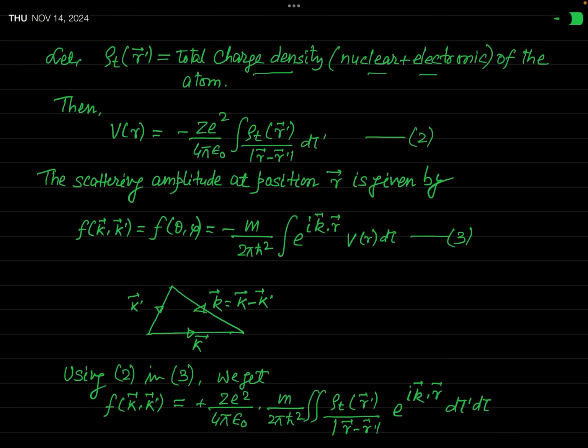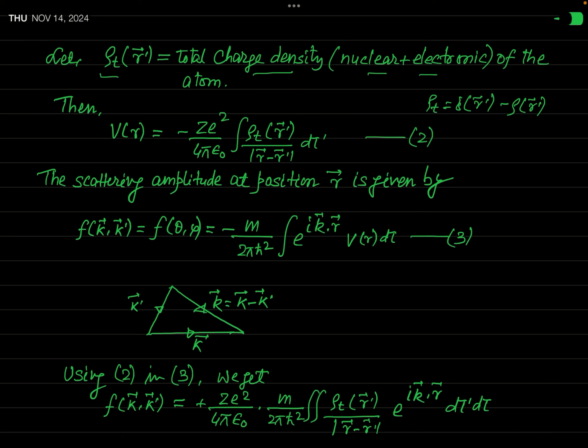If you denote that charge density by the symbol rho t, then you will see later on that this is given as delta of R dashed minus rho of R dashed.